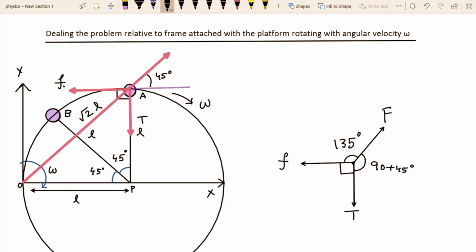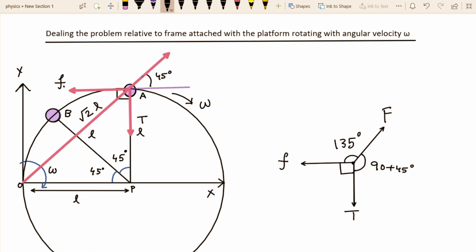Okay, now you can see there is another force also experienced by the disk A. That force is the centrifugal force, because we are dealing with the problem by attaching a frame of reference to the point O. So you can clearly see this is a non-inertial frame. Why? Because the platform is rotating with increasing angular velocity. So the disk A will experience a force away from the center.